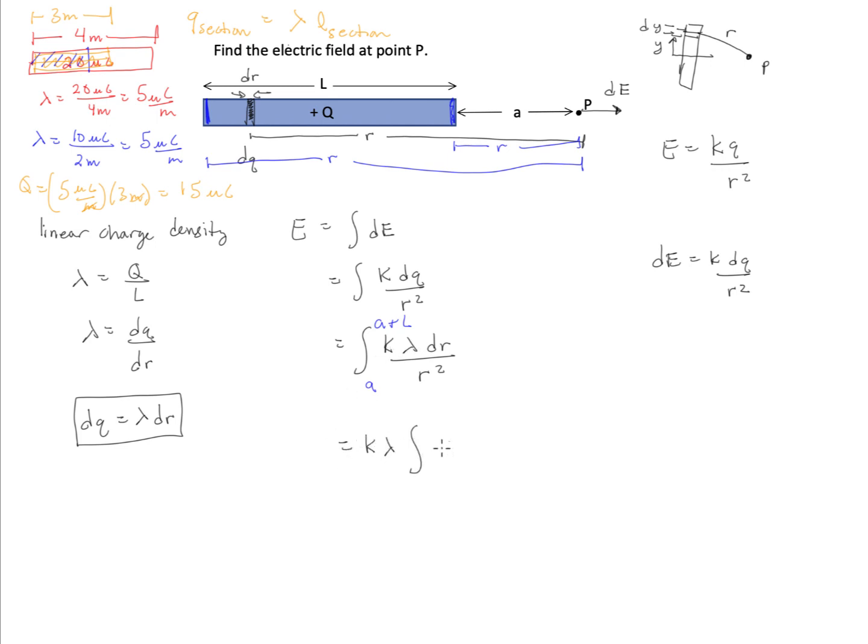And I have the integration from a to a plus l of 1 over r squared dr. And I can write that as r to the minus 2 dr. And so if I integrate that, I get k lambda r to the minus 1 divided by minus 1. And I'm going to evaluate that from a to a plus l.